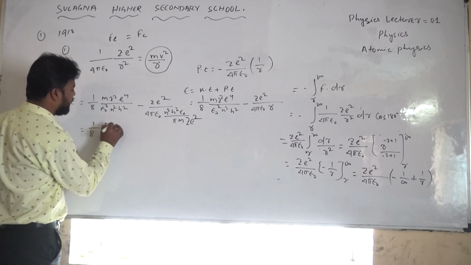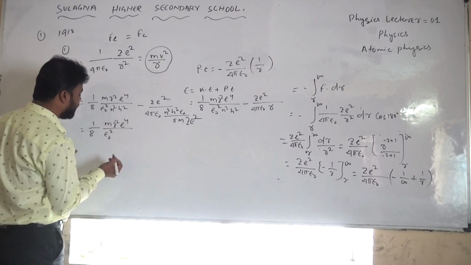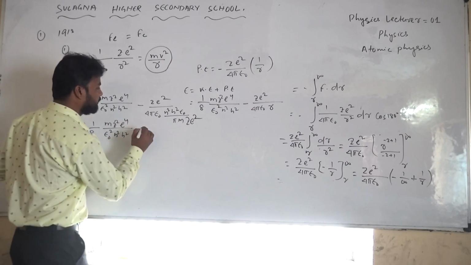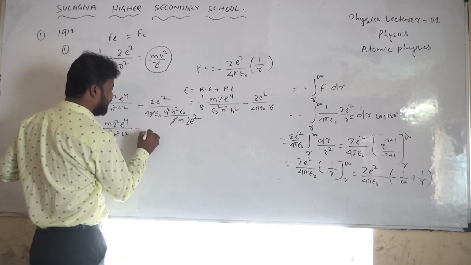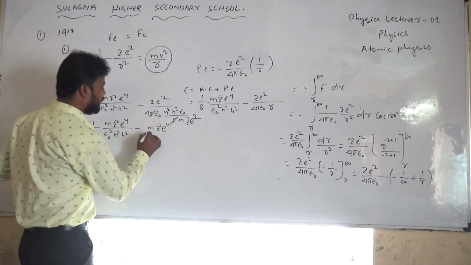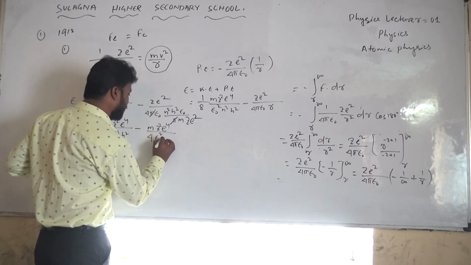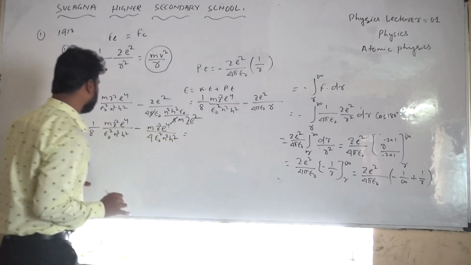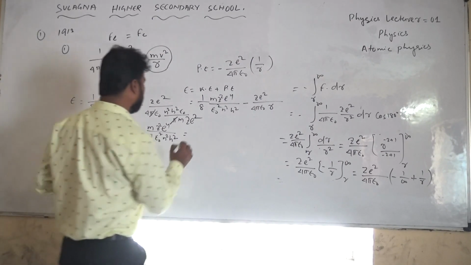1 by 8 m z square e to the 4 divided by epsilon naught square n square h square minus, here pi cancels, m z square e to the power 4 divided by 4 epsilon naught square n square h square is equal to minus.